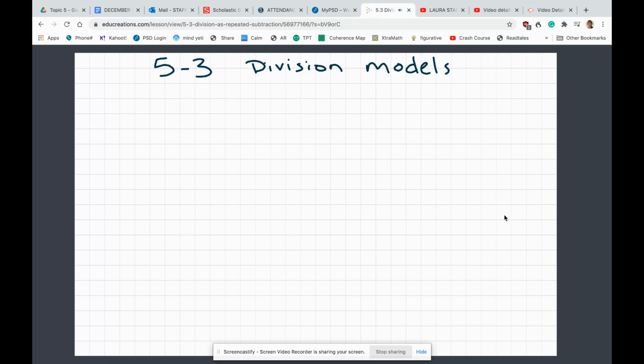Whereas multiplication is repeated addition, division could be thought of as repeated subtraction. We're going to be getting into some pretty tricky division problems, and I'm going to show you a few different methods to help you understand what's happening when you're dividing. Ultimately, we're going to use the standard algorithm for division, which ends up being the easiest way to do it.